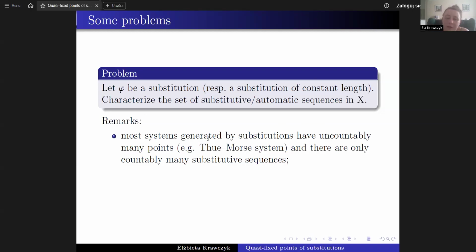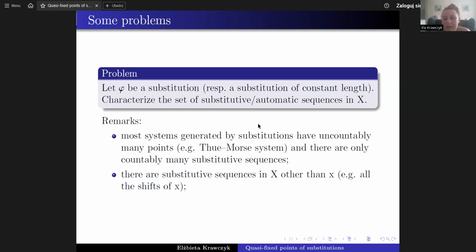First of all, most systems generated by substitution will have uncountably many points, like for example the Thue-Morse system, or any uniformly recurrent system which is not finite. And we know that there are only countably many substitutive sequences. So we know that most of these sequences will not be substitutive.